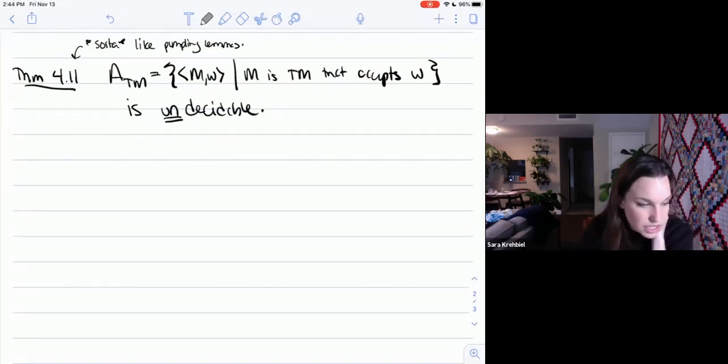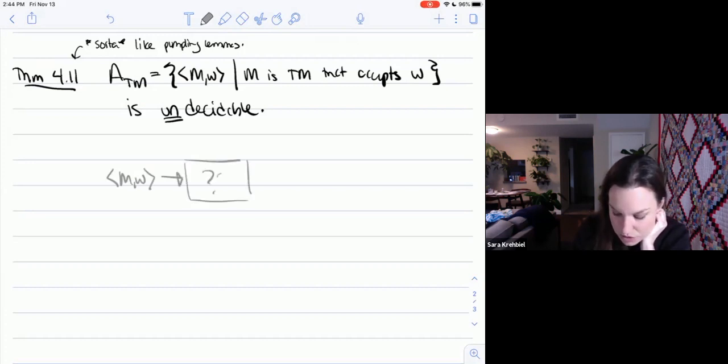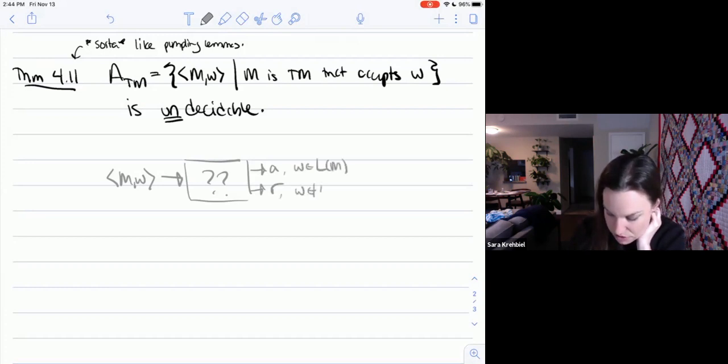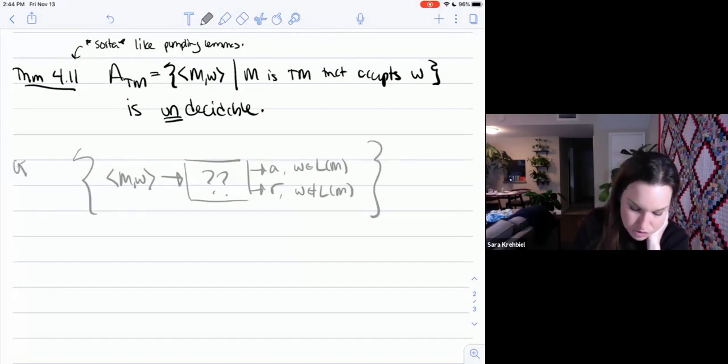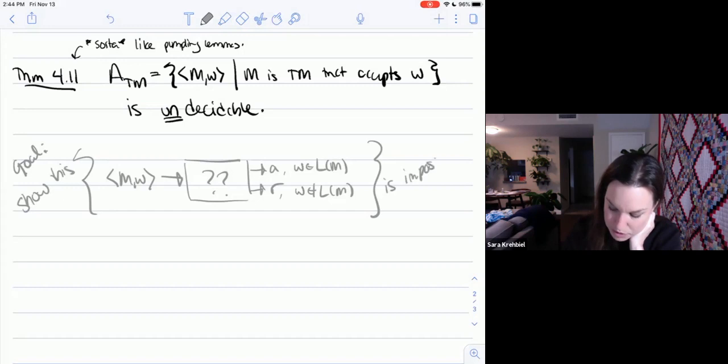And what we're going to do is we're going to show that if I had a machine, I don't know how it works, but I have some machine, and it outputs accept or reject that correspond to whether or not its input is in that language. My goal is going to be to show that this is impossible somehow.